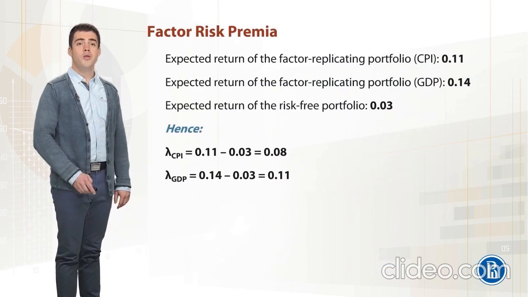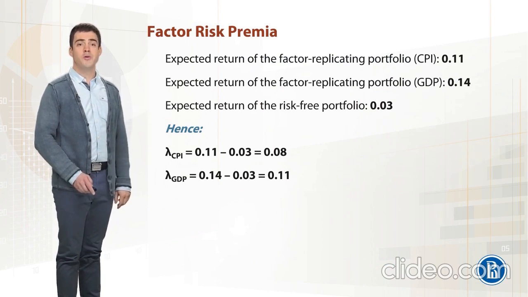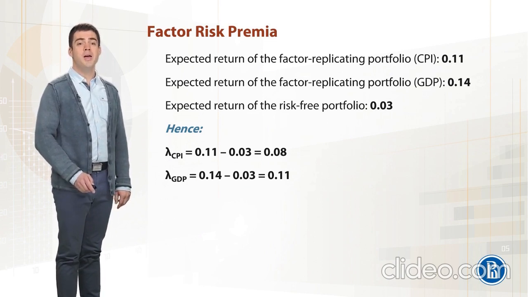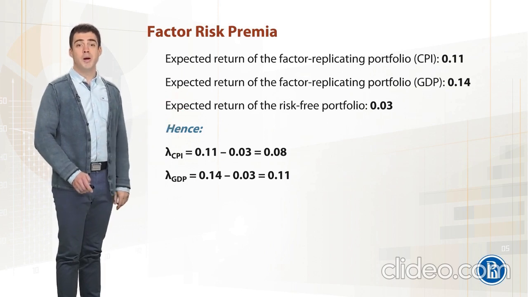Now we know the expected returns of the two pure tracking portfolios for CPI and GDP, as well as the expected return of the risk-free portfolio. And the risk premia for CPI and GDP are 8 and 11% respectively.